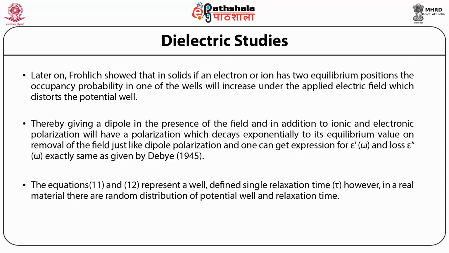The equations for epsilon prime of omega and epsilon double prime of omega, given as equations 11 and 12, represent a well-defined single relaxation time tau. However, in a real material, there is a random distribution of potential wells and relaxation times.